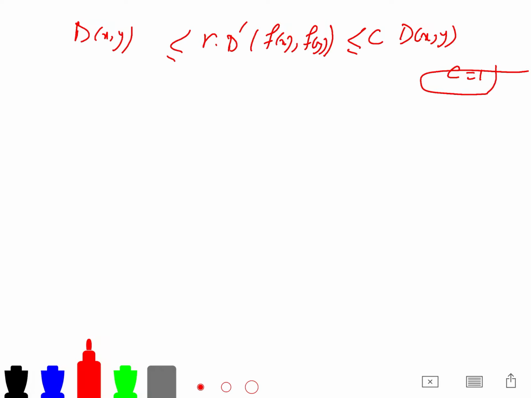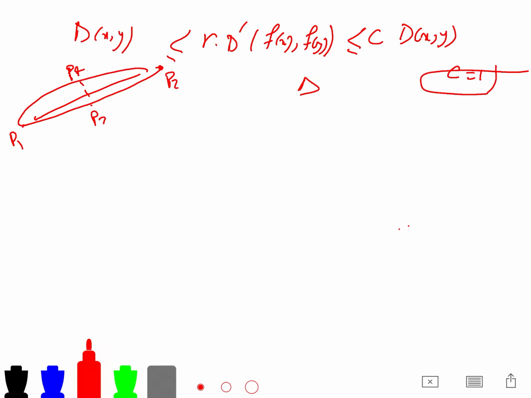The maximum interpoint distance between them is delta, which we call spread. For example, this is the minimum, and the maximum is between P and P2.